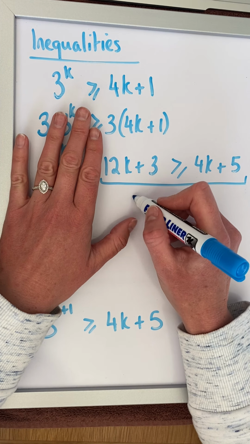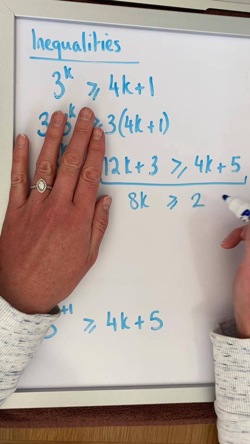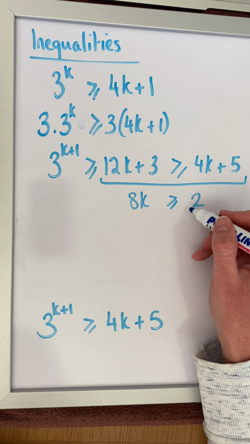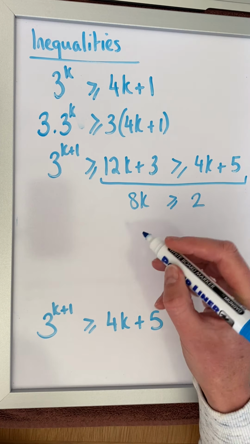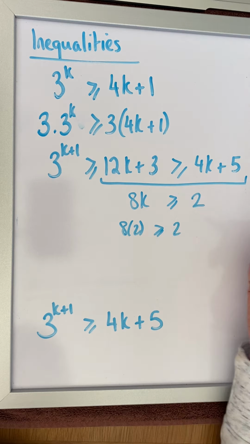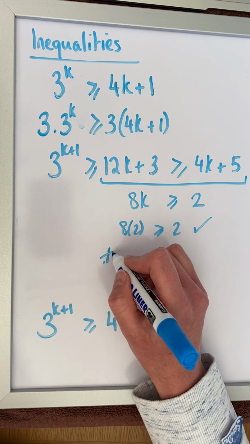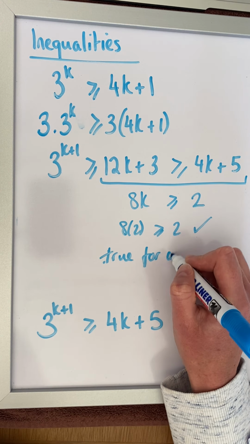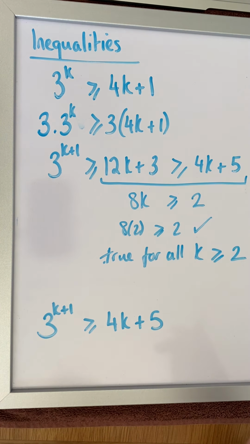So 12k minus 4k is 8k. And 5 minus 3 is 2. We know that this has to be true because k has a minimum value of 2. So 8 times by 2 is greater than or equal to 2. Therefore, that is true. And it's true for all k greater than or equal to 2.